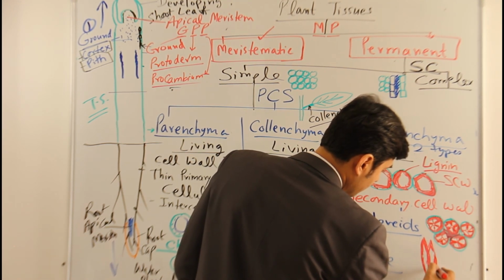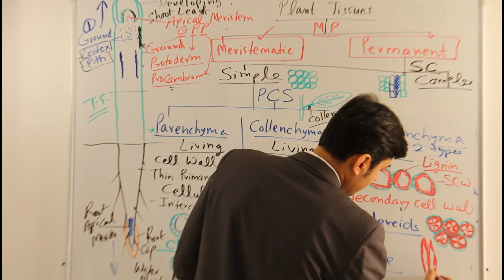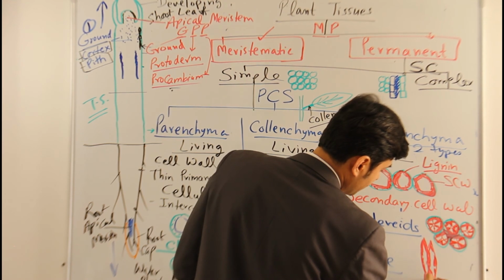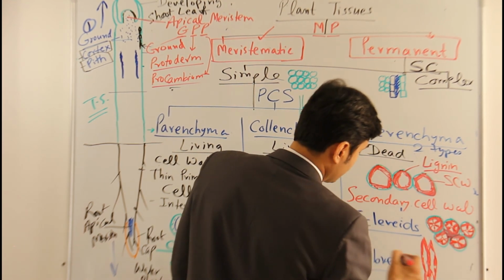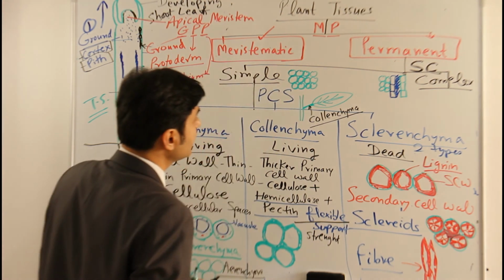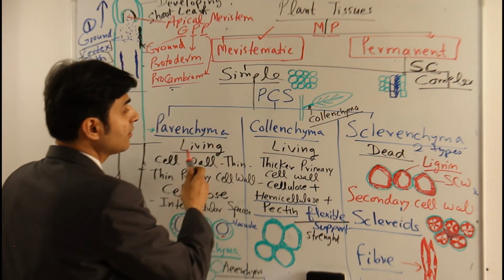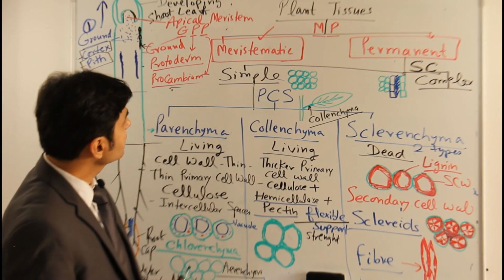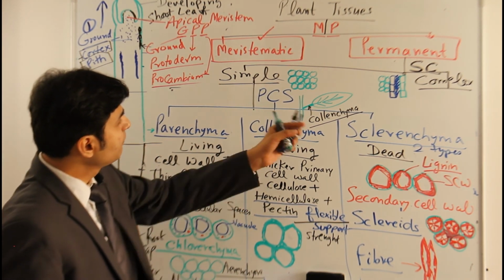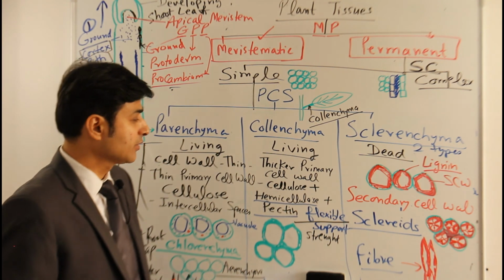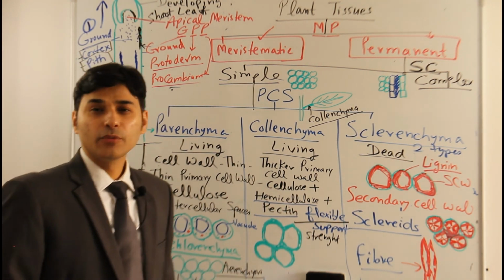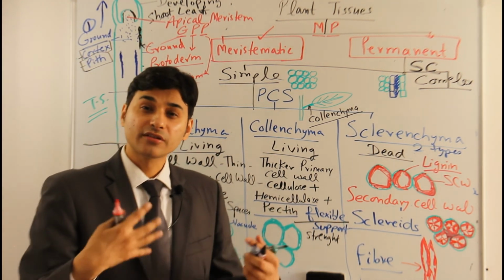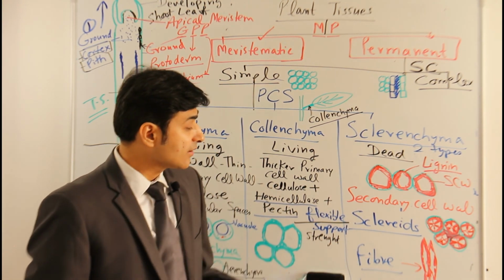So this is how we have seen the permanent cells and their types: parenchyma, collenchyma, and sclerenchyma, which are the simple tissues. Fibers are very important. Fibers give structural strength.